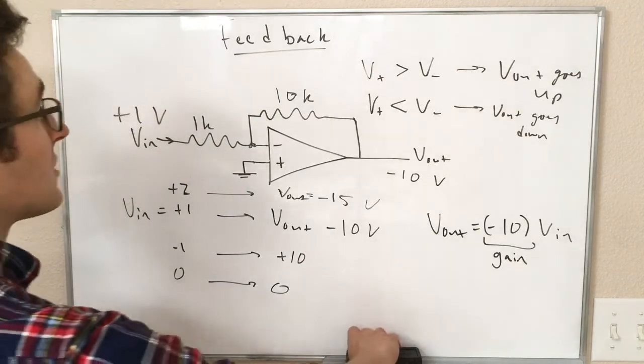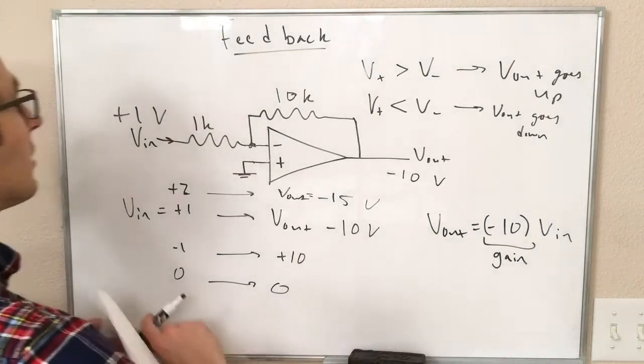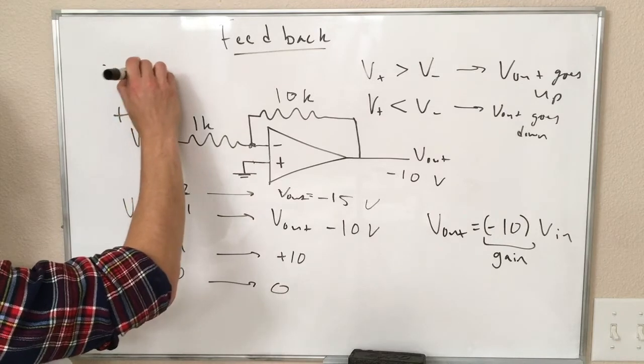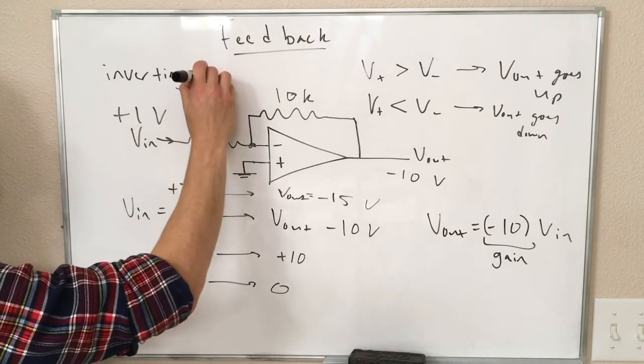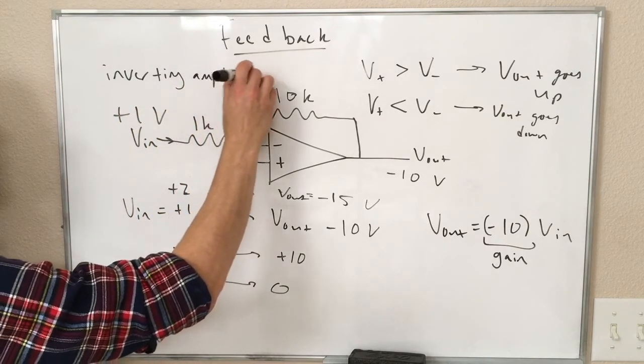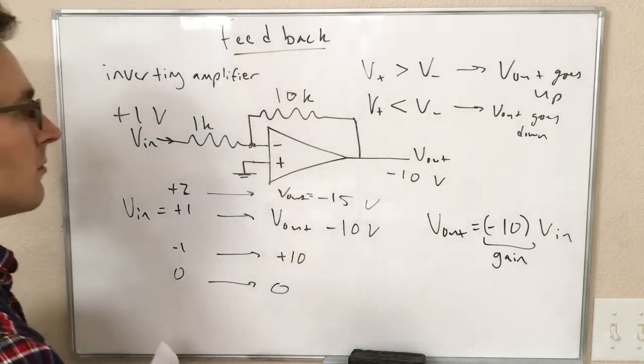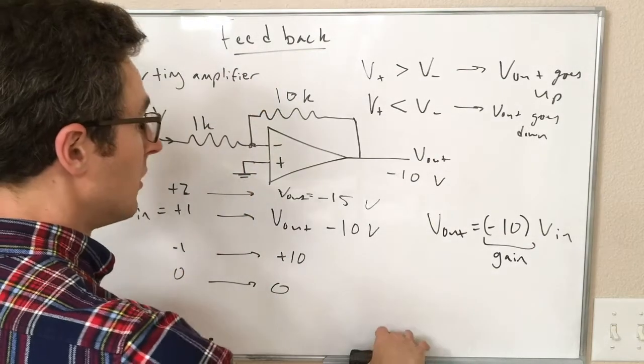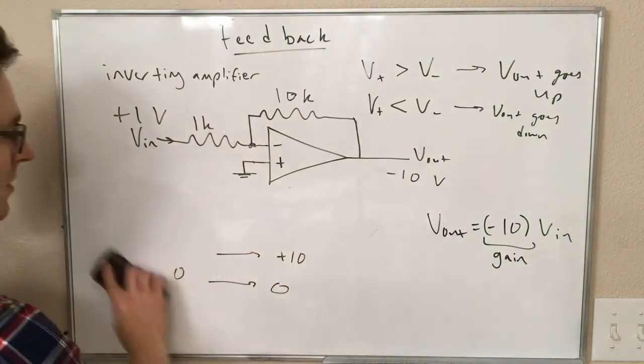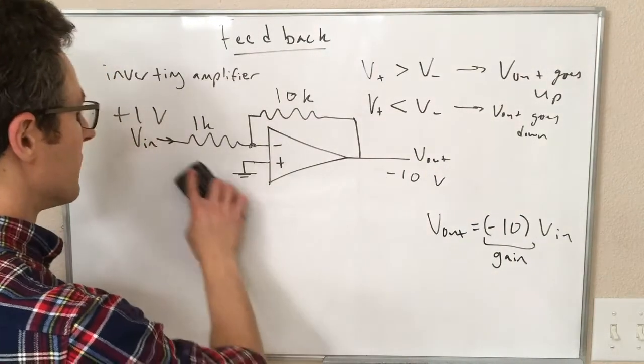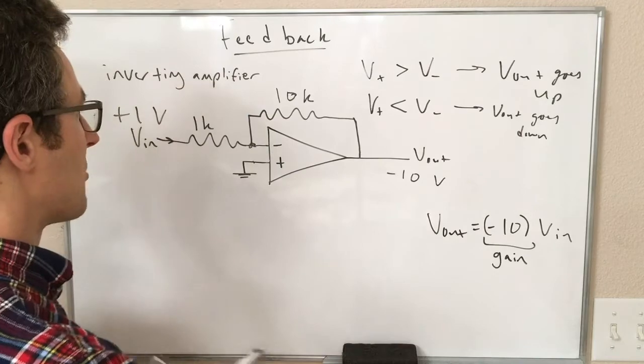All right, so this circuit is called the inverting amplifier. It turns out to be very useful, and also very simple to analyze once we get used to these op-amp circuits.